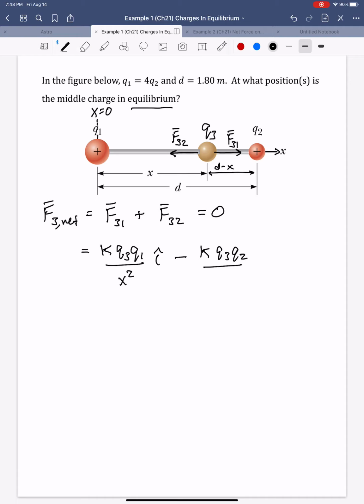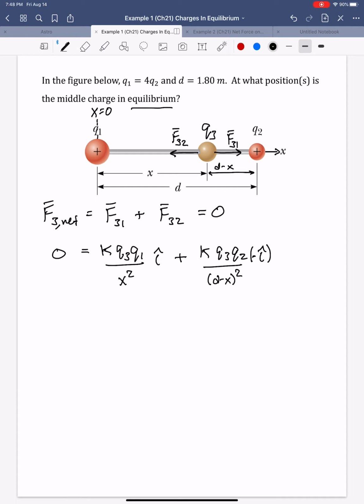So that distance we can put in the denominator here, d minus x quantity squared. It points in the negative i hat direction. You can keep it like this, but that's also the same as that. Either one is fine. And again, this equals 0.